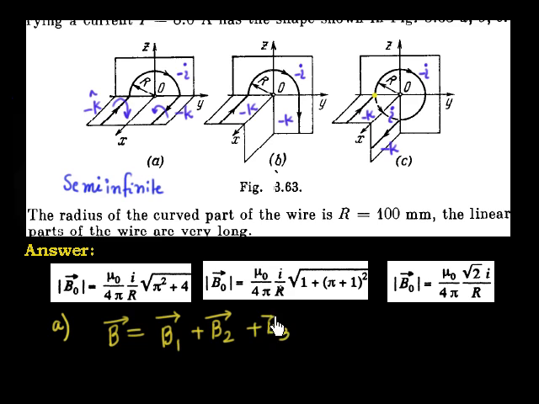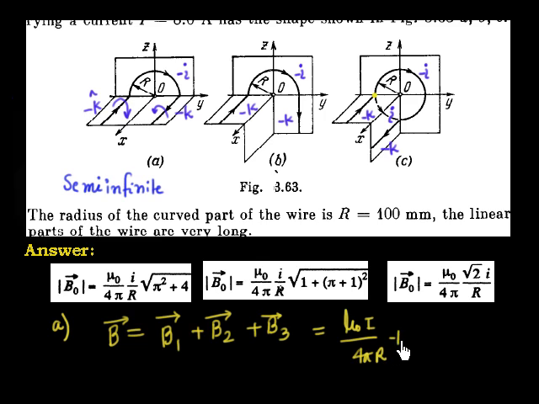Are you getting or not? Now due to this wire, which is semi-infinite: mu naught I by 2 pi r is the full infinite wire, and semi-infinite is mu naught I by 4 pi r, where this distance is r. So this is mu naught I by 4 pi r.